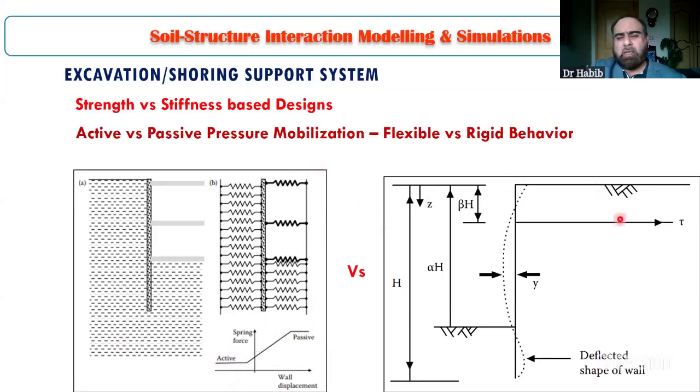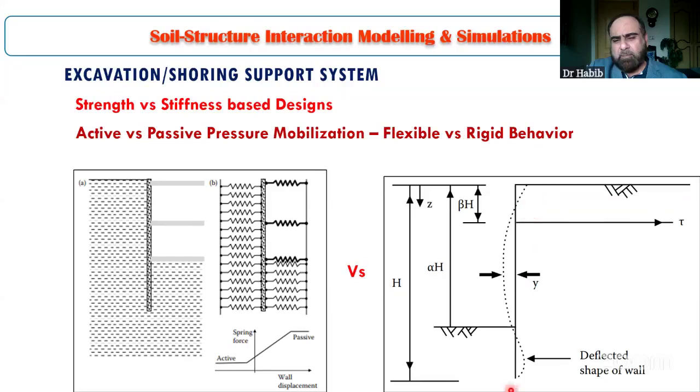While if we look at the real model over here, the relative rigidity or flexibility of our excavation support system comes into the picture. So if it is very rigid, its behavior will be different. The distribution of active or passive pressures will be different. But if it is much more flexible, it will be again something different from the first case.